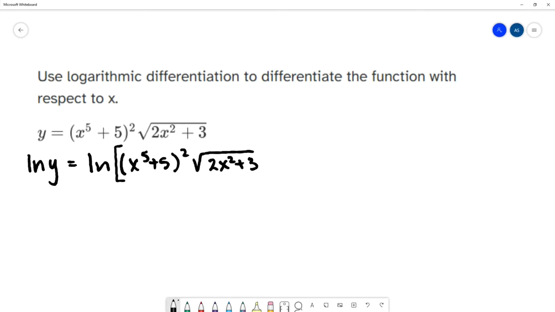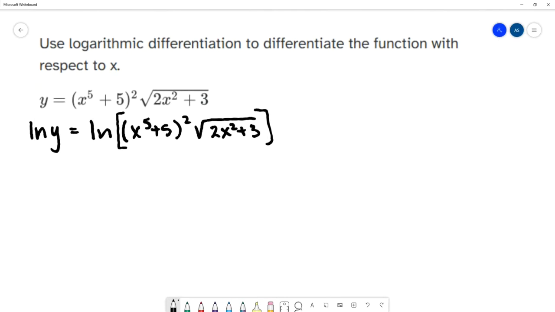So all of this is inside that natural log. And then I'm going to do a bunch of algebra steps related to the log. These are properties that are available to us because we have now introduced a log into our equation.